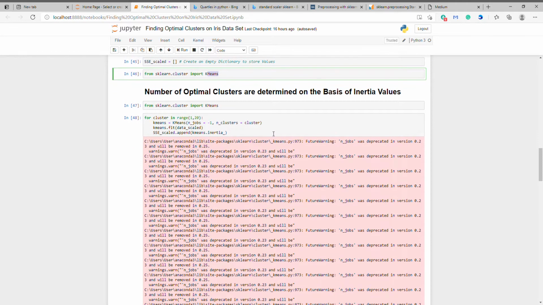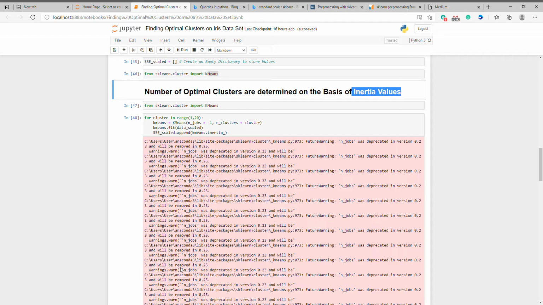So I have to find the number of optimal clusters, which is determined on the basis of inertia values. And what are inertia values? Suppose I am designing a cluster, and in the cluster there are a certain number of data points, and in that group there is a centroid.